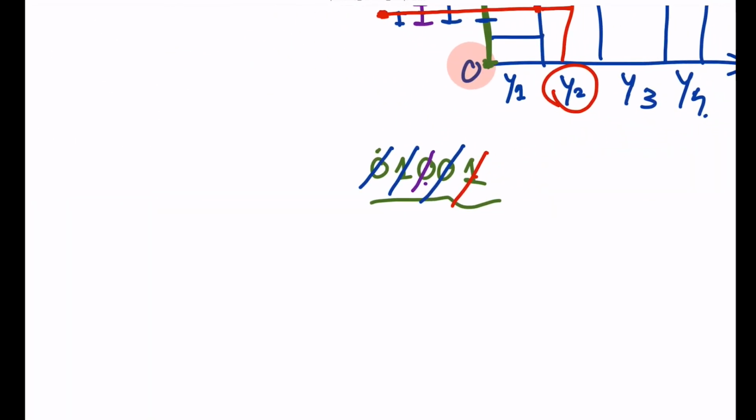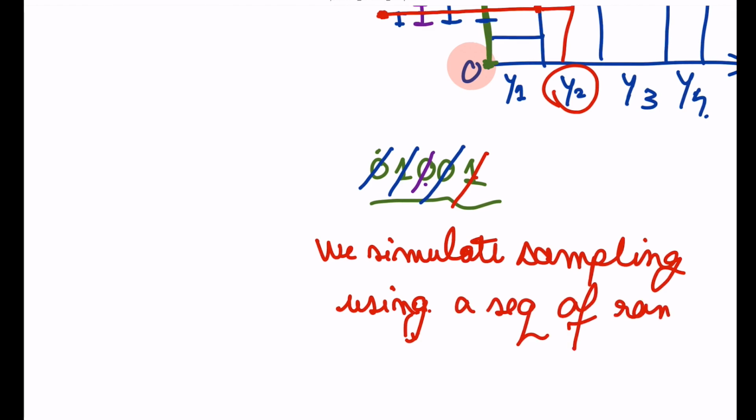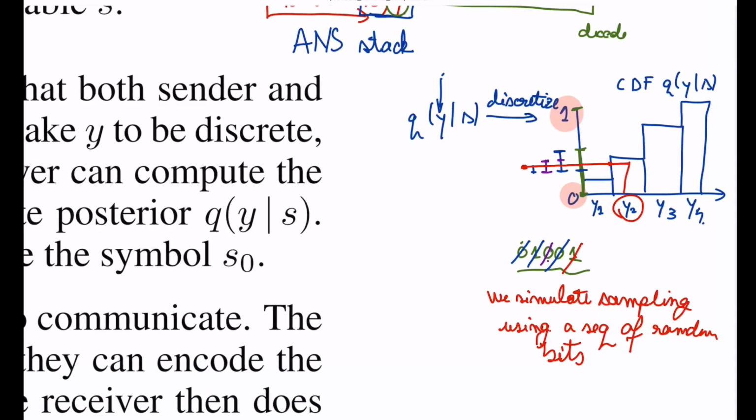So the point is that we simulate sampling using a sequence of random bits. Right.